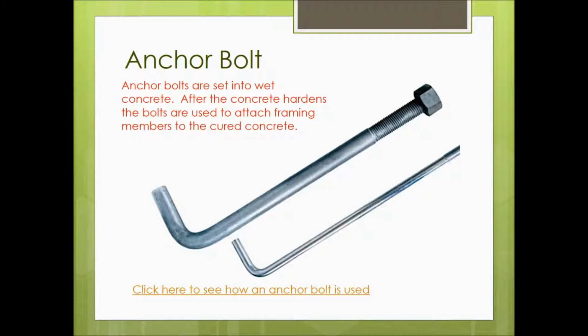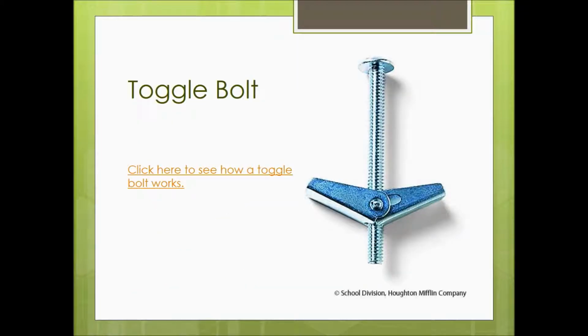All right, here's a toggle bolt. There's a couple of videos that go along with this. I'll post these videos into the Edmodo lesson so you can see how these things work. But these little wings that are on this bolt are retractable, so they fold up.